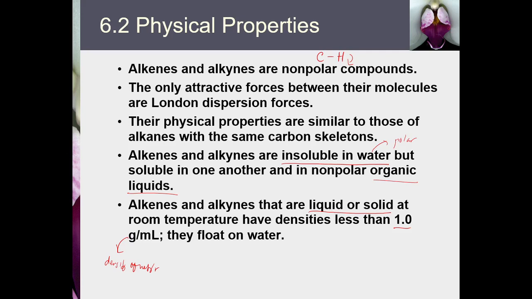But if you have a density greater than 1, then it will sink. So greater than 1 gram per ml, the object will sink. But if you have less than 1 gram per ml, the substance will float.